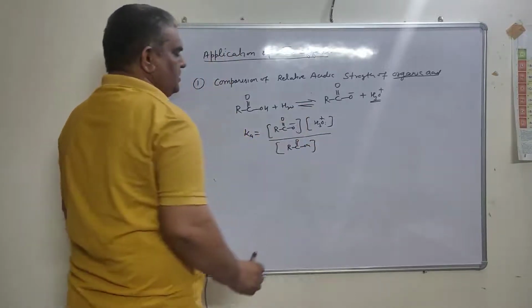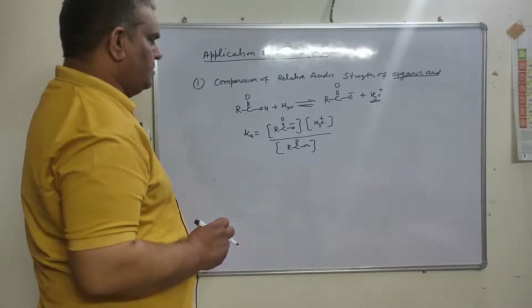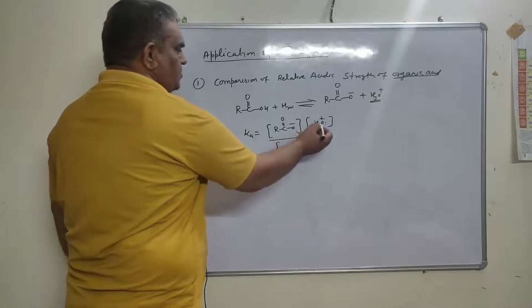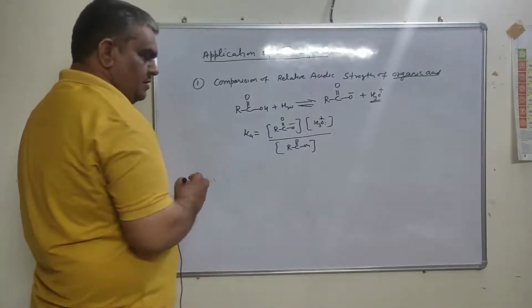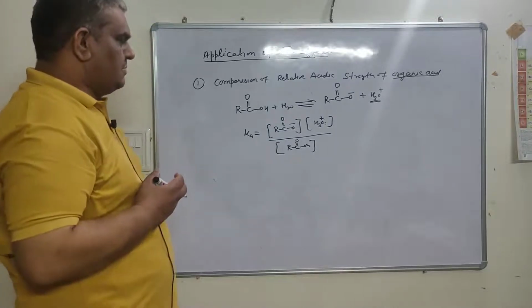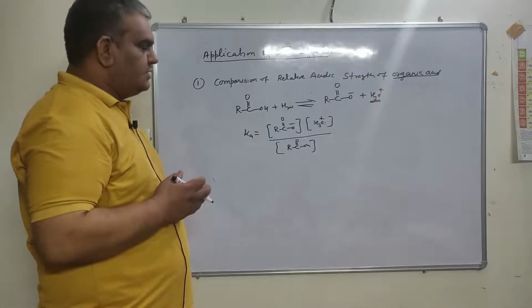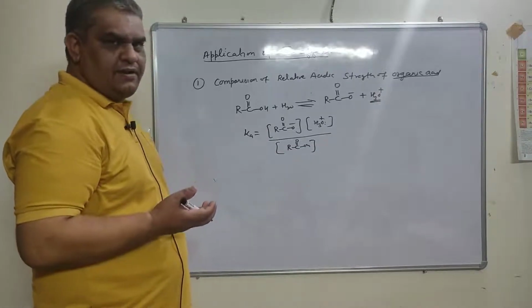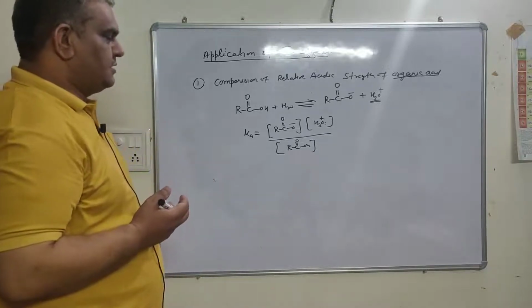The concentration of water is unity because water is taken in excess. So Ka is directly proportional to the concentration of the hydronium ion. Any factor that stabilizes the carboxylate anion should increase the acidic character. Any factor that destabilizes the carboxylate anion should decrease the acidic character of the parent acid.